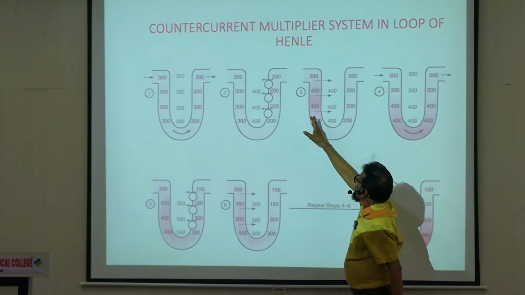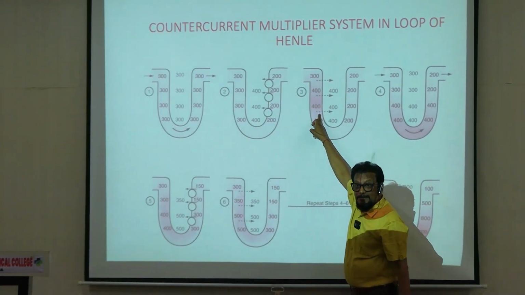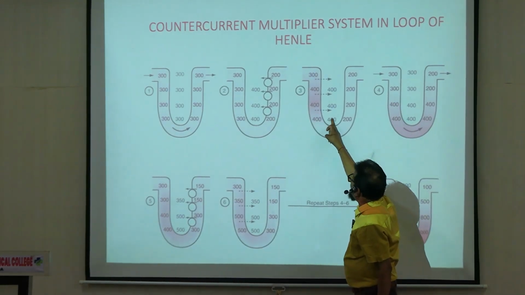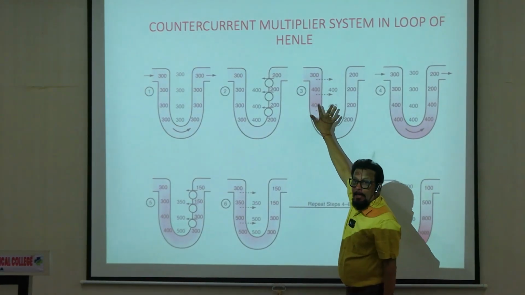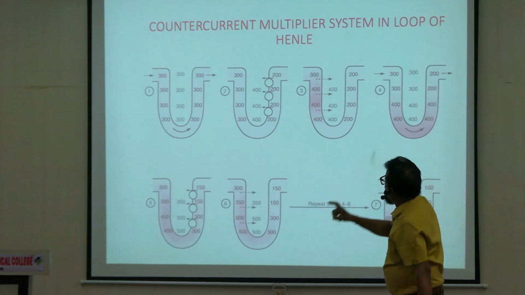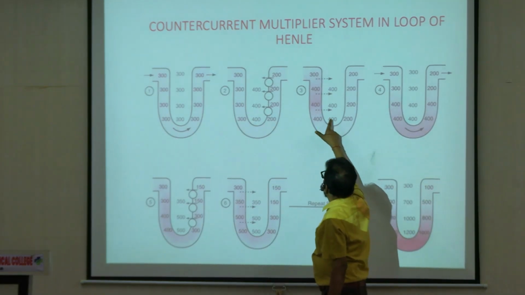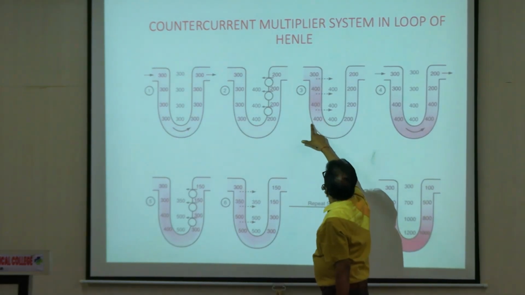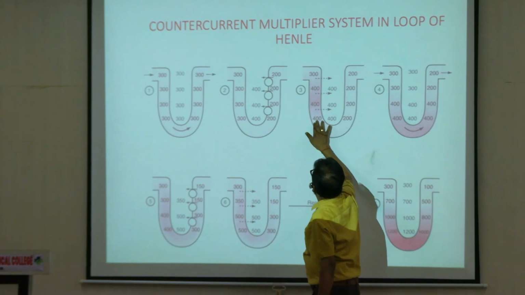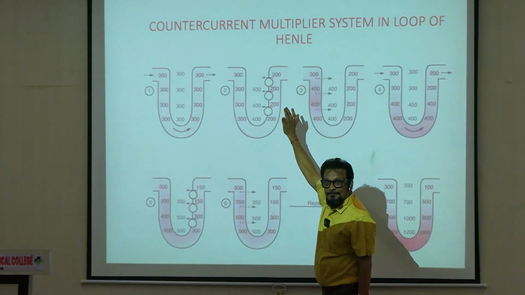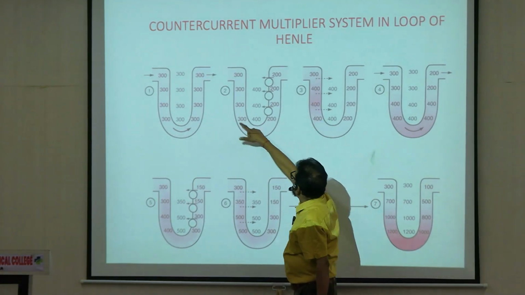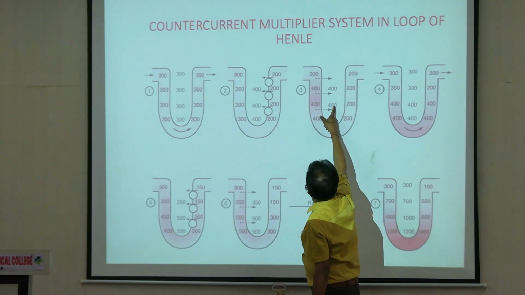The descending limb is permeable to water, so water will come to make it equilibrium, isosmolar. From here, water will be entering, so this will become concentrated gradually and will become 400. See, it has become iso.